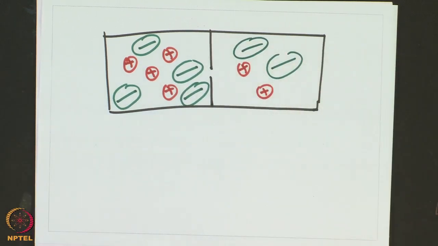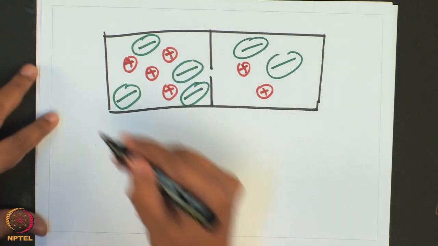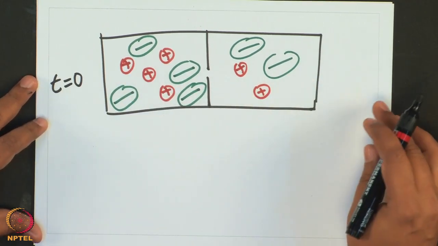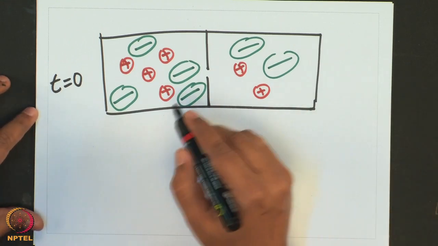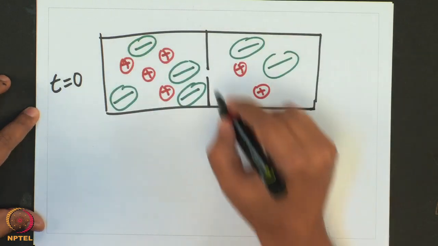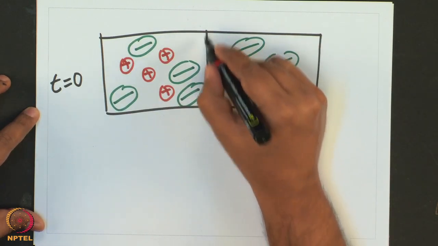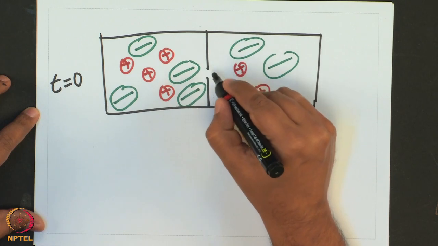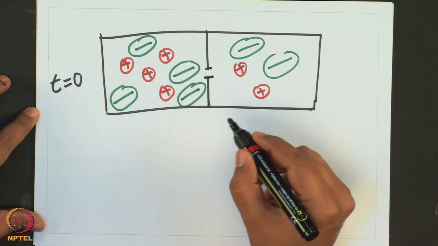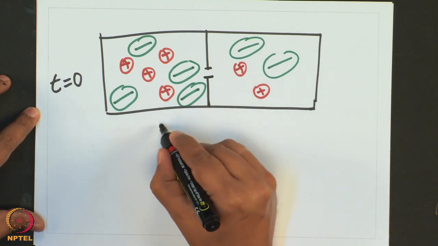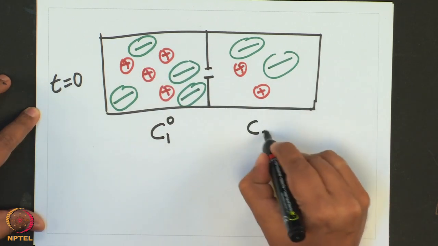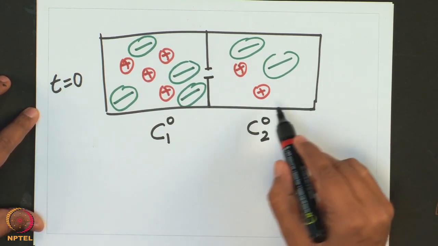Just to clarify at the beginning, this is at time equal to 0. You have this box separated by a small membrane, like a channel. Let C10 be the concentration in the first part and C20 be the concentration in the second part.